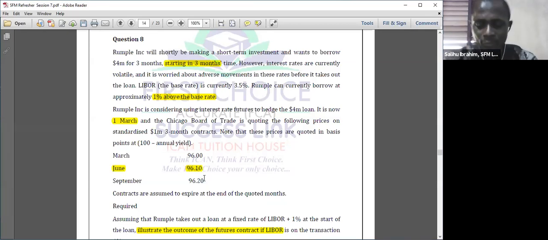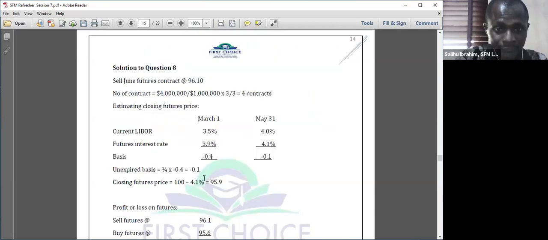I believe you understand how I got that now. So, because we are borrowing, we sell the June futures contract at the opening futures price, which is 96.1.